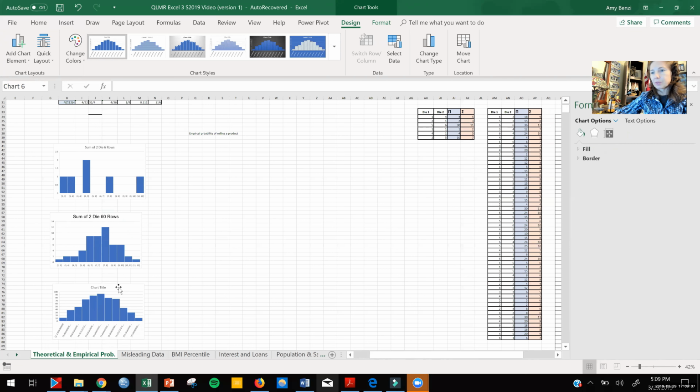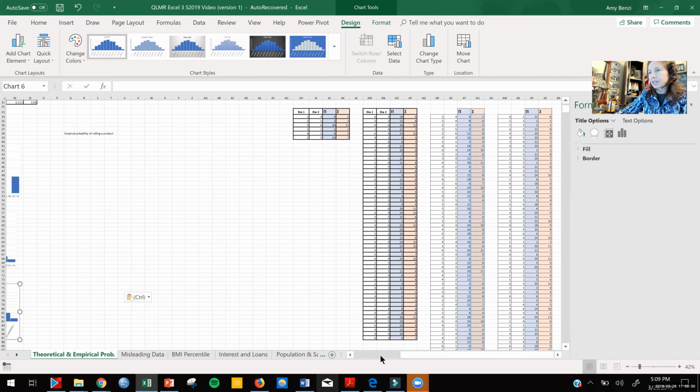All right, this one is going to be the sum of 2 die, and we had 600 rows. All right, and then we get our last column here.